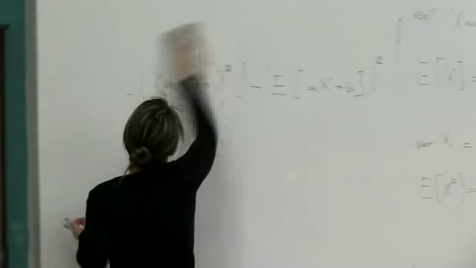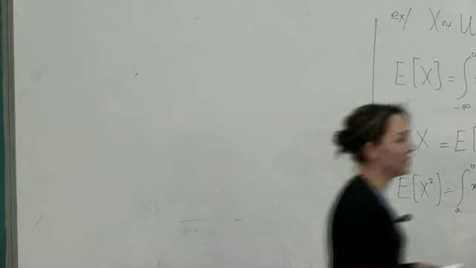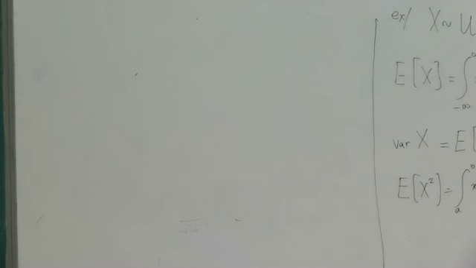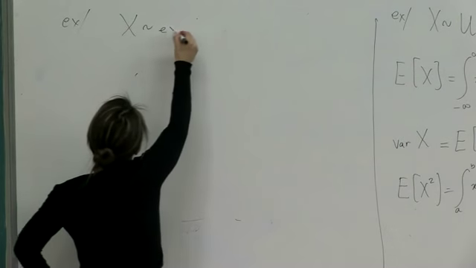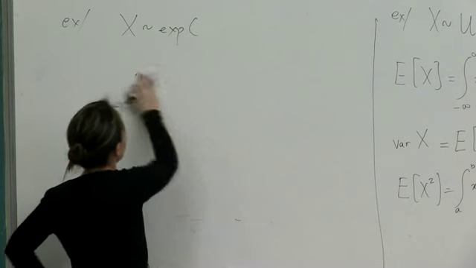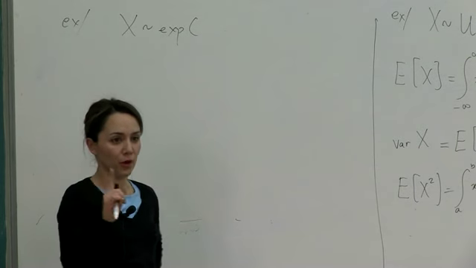Let's find the expectation and variance of the exponential. In this one, the integrals won't be as nice. So, let's see. X is exponential with parameter. How many parameters does the exponential have? 1.